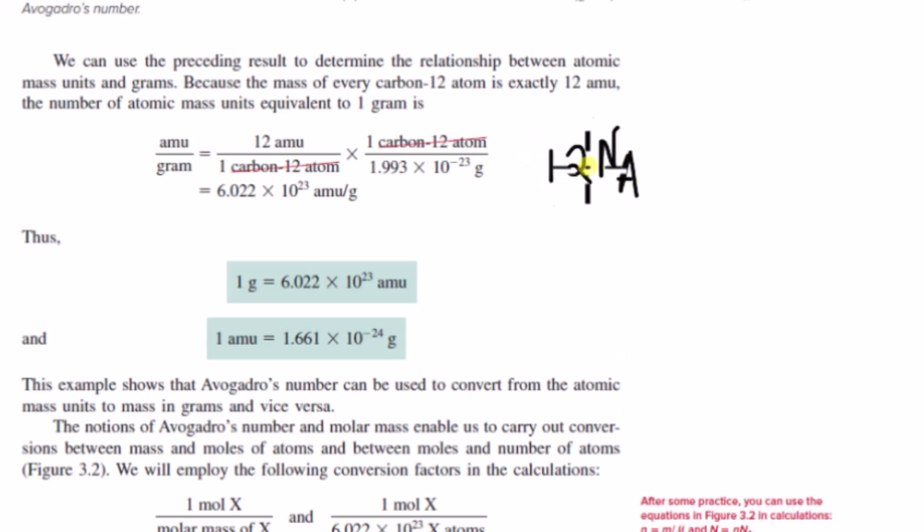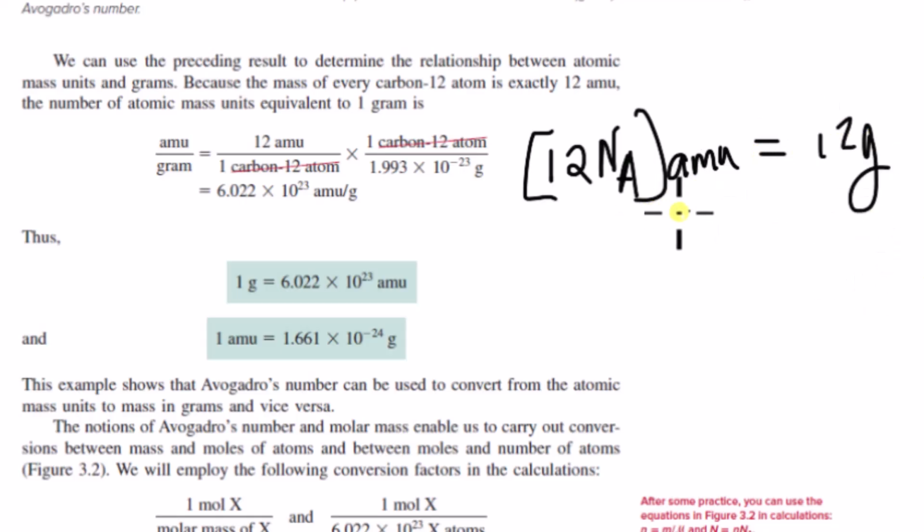So multiply the total number of atoms by 12, and we get the total mass in AMU of this sample of carbon-12 atoms. We know that's equal to 12 grams. So this is in AMU, and this is in grams.